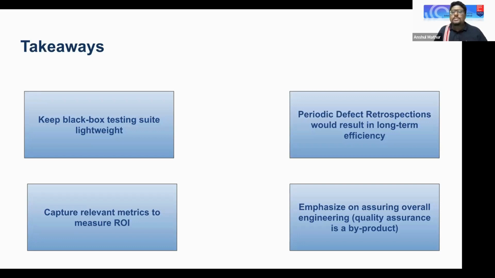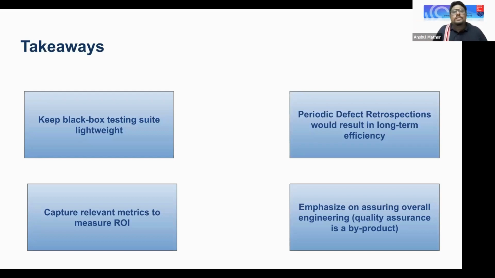And finally, emphasize assuring the overall engineering. This is something that we keep advocating: for SDETs, the boundaries are not just a story which has come to a QA board, or a QA lane on the Kanban, where you complete your testing and you're done. We will keep saying that the focus is engineering. The focus is improving practices and habits on the ground, improvising with the entire dev team.